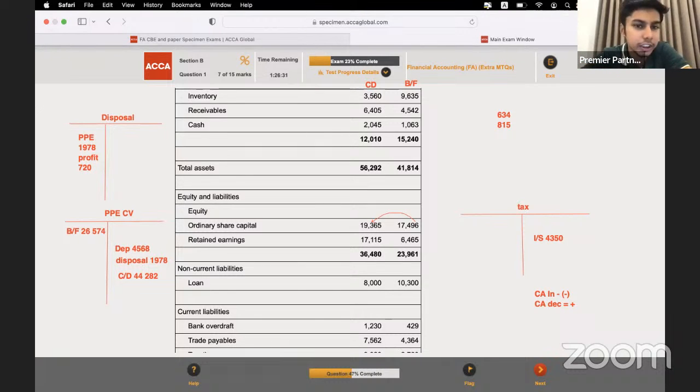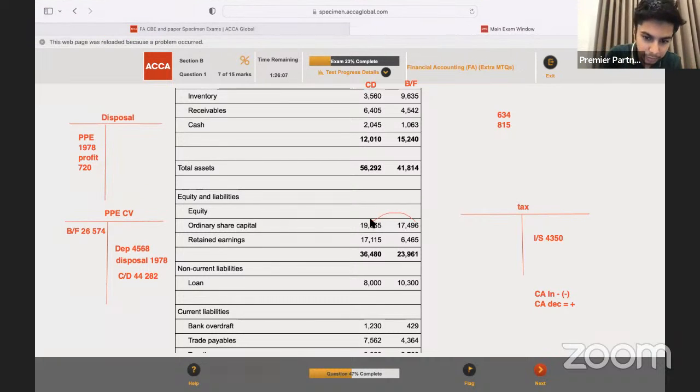So if the ordinary shares are increasing, there is only one possible answer in our paper. What's that called? Issue of shares. Please remember, guys, at the FA level, ordinary shares can only go up. If it goes up, what's the only solution? We call it issue of shares. So issuing share is a financing activity.